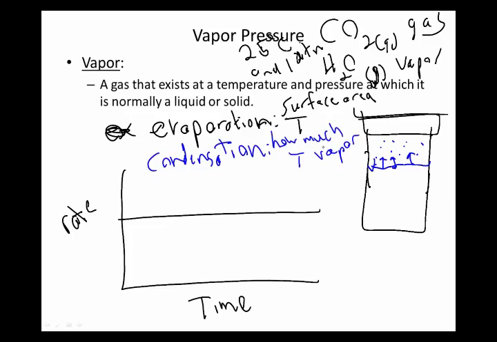What we're really talking about here is moles over volume at some specific temperature. This is the pressure. The pressure, for a given temperature, is kind of the density, how tightly packed the particles are. So the higher the pressure, the more particles there are in a given volume.